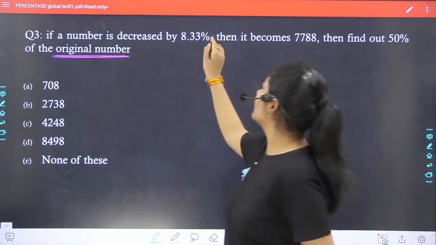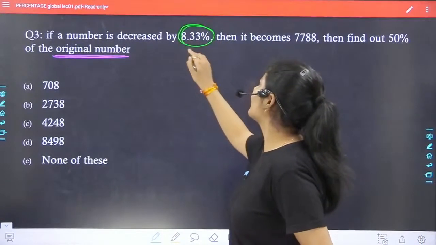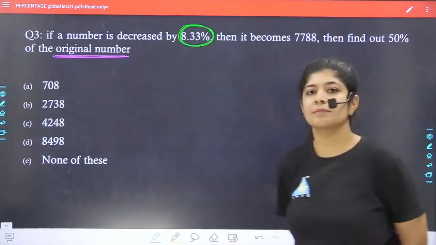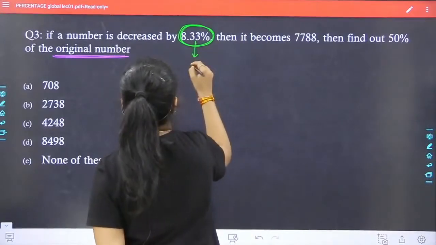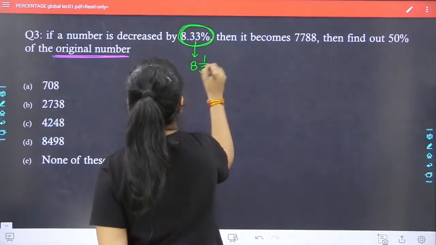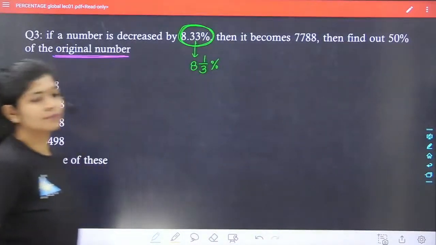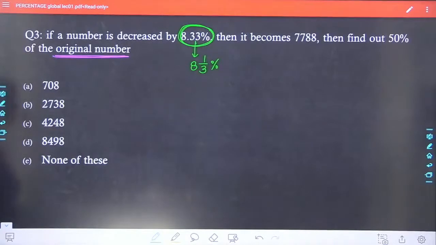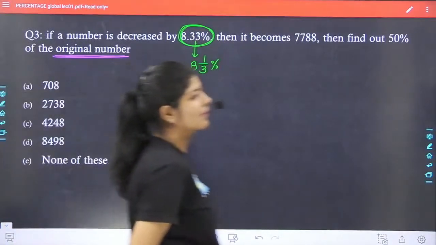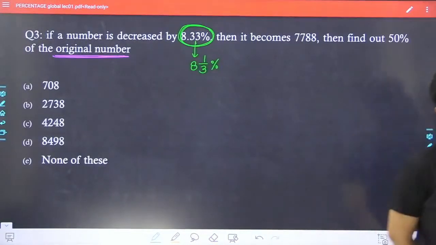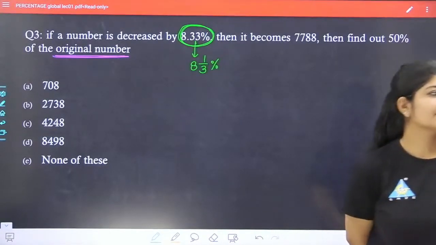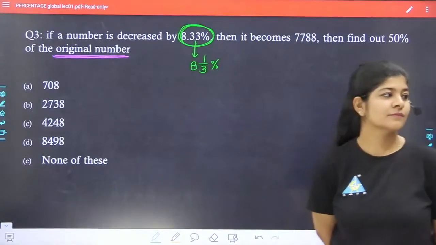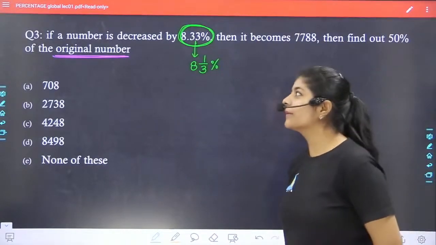First, I have to convert this 8.33 into fractions. I can write 8.33 as 8 1 by 3.